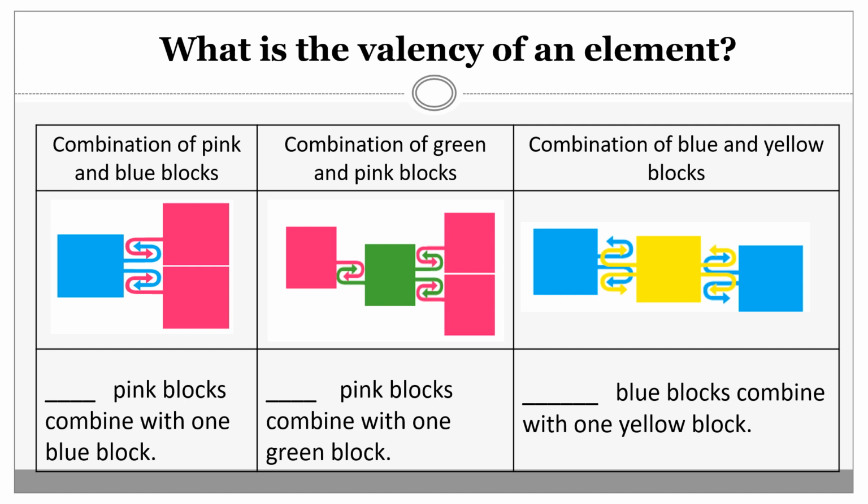And in the third column, you can see a combination of blue and yellow blocks. Can you try to observe these figures and complete the blanks in the sentences below? You will have to give the specific number of blocks required.